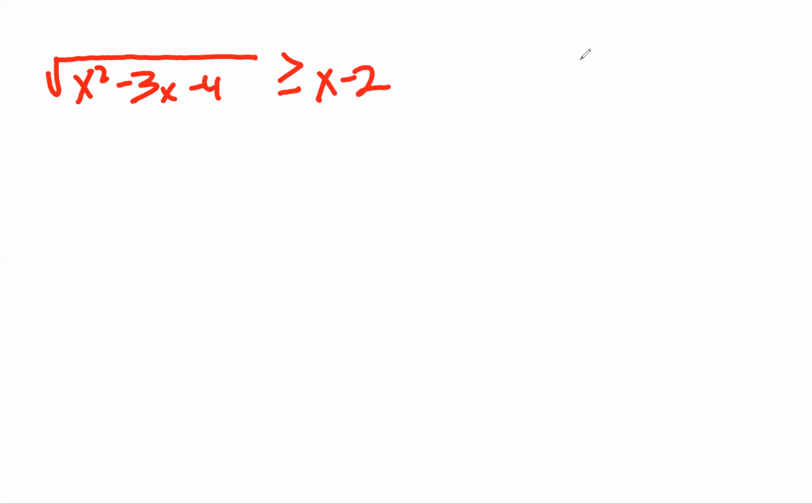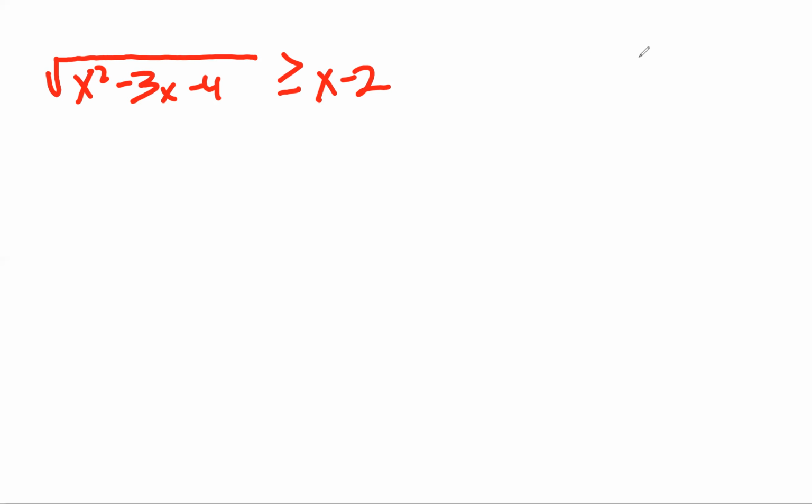Okay, another thing that I might have to do with this would be the square root of x squared minus 3x minus 4 is greater than or equal to x minus 2. Okay, what's my domain going to be in the problem?